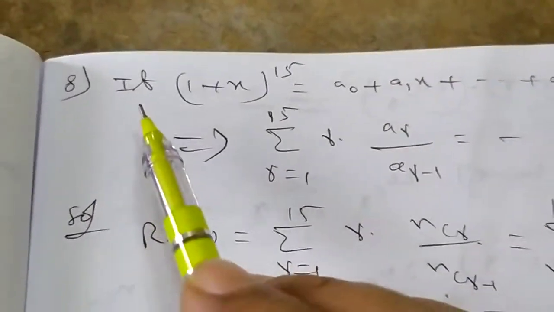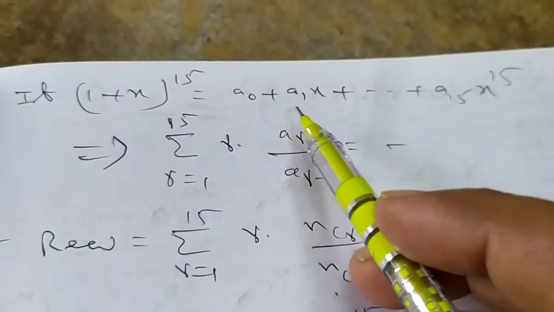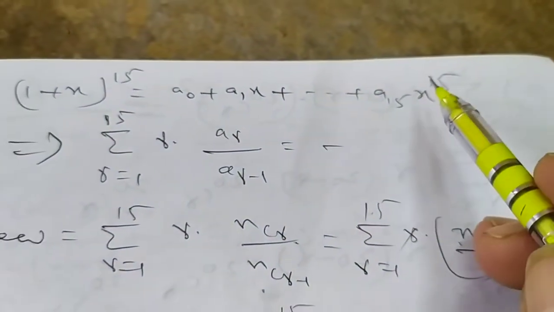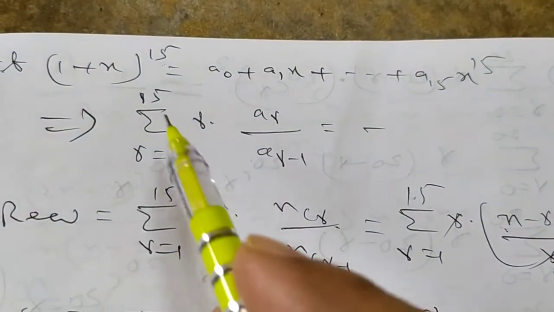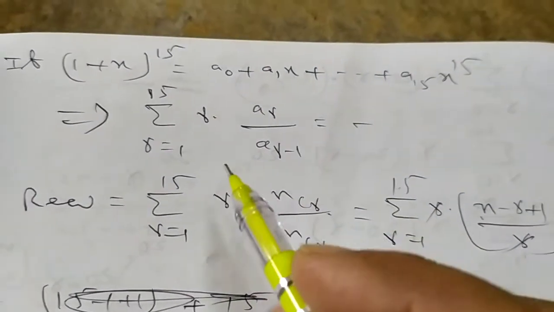See the eighth one. If 1 plus x whole power 15 equals a0 plus a1x plus a2x square plus and so on a15x power 15, then find the value of sigma r equal to 1 to 15 of r into ar by ar minus 1.